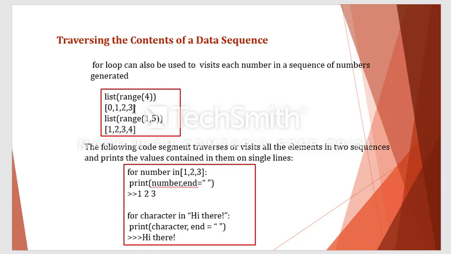That you need to observe here. So when I print list of range of 4, again it is printed 0 1 2 3. 4 is not printed here. Similarly, list of range of 1 comma 5, so 1 2 3 4 will be printed.